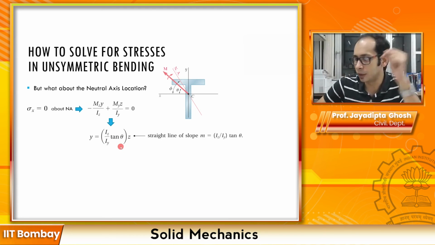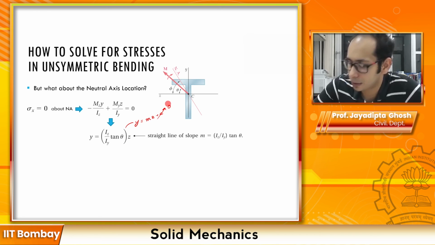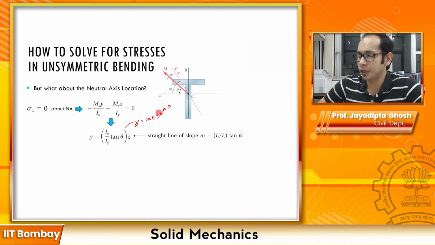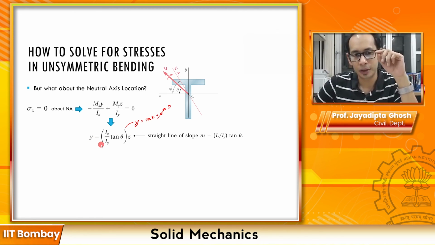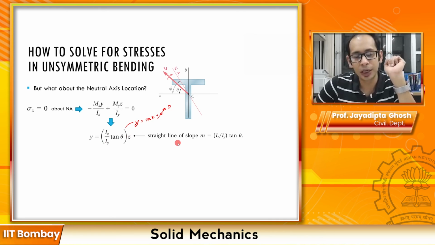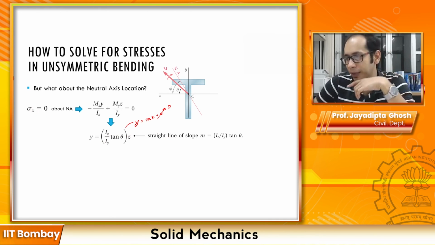So this is the expression y equals m times z plus some constant c, where here the constant is 0. So this m is essentially the slope. This formula gives you the slope of the line about which your sigma x is 0.